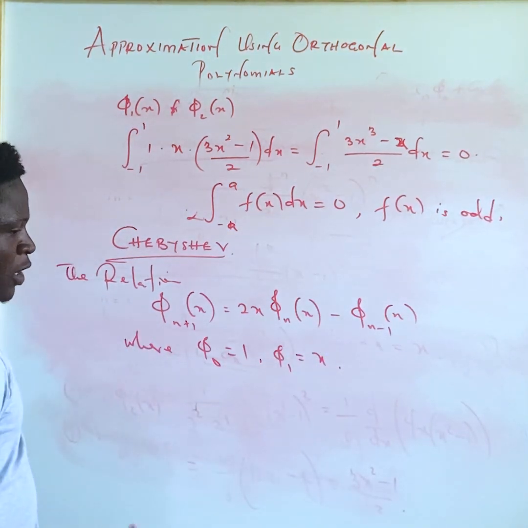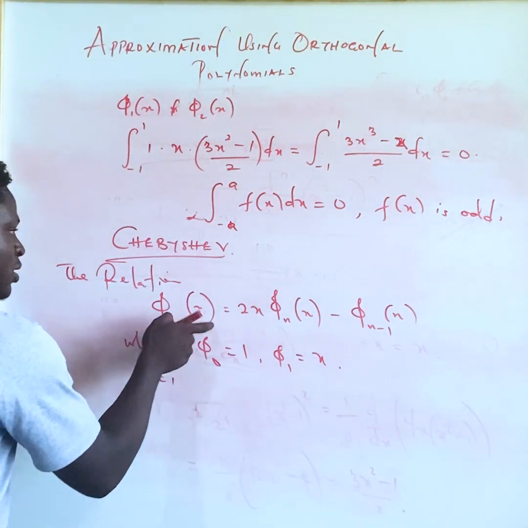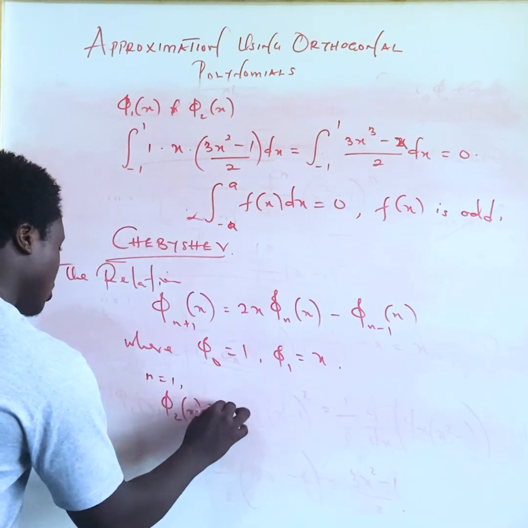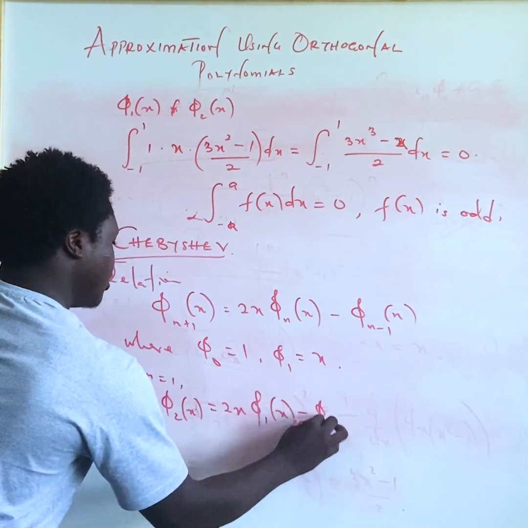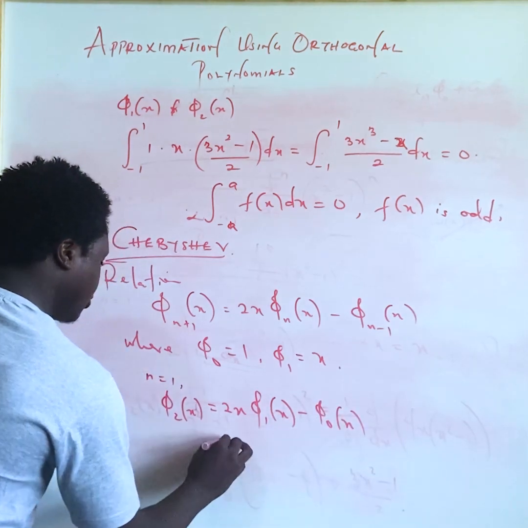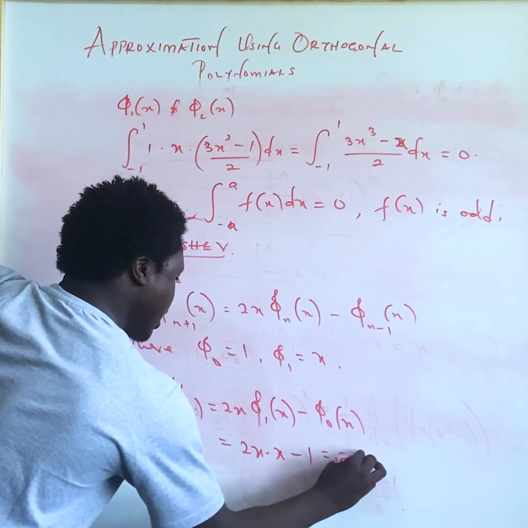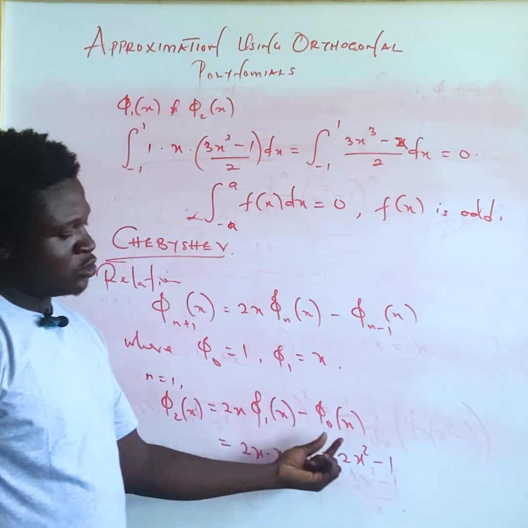So if these two hold, we can go and get phi 2, phi 3, and so on. When n is 1, phi 2 of x equals 2x phi 1 of x minus phi naught of x. And that will produce 2x times x minus 1, which is 2x squared minus 1. So our phi 2 for Chebyshev is 2x squared minus 1.